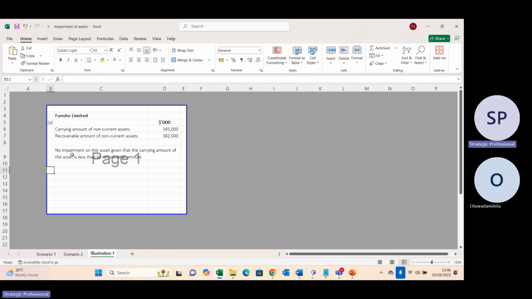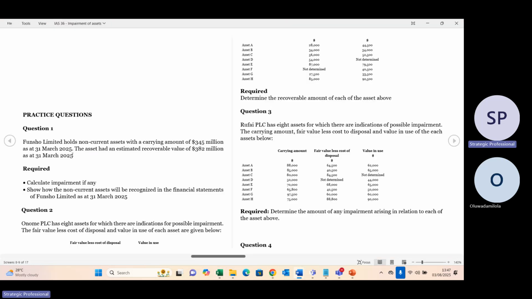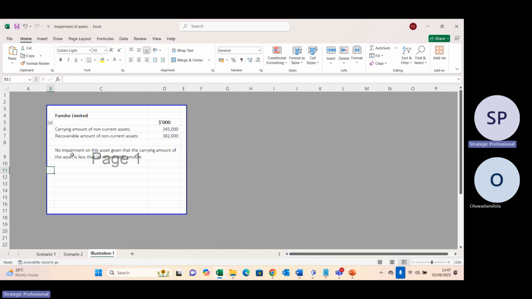The A part of the question is calculate impairment, if any, and we've already agreed that there's no impairment, because the carrying amount of the asset is less than its recoverable amount. The B part is to show how the non-current assets will be recognized in the financial statement as at 31st of March. But since there's no impairment, I think there shouldn't be any further action.